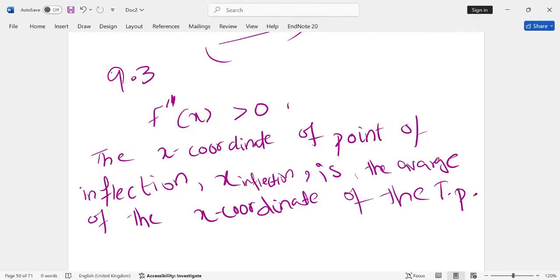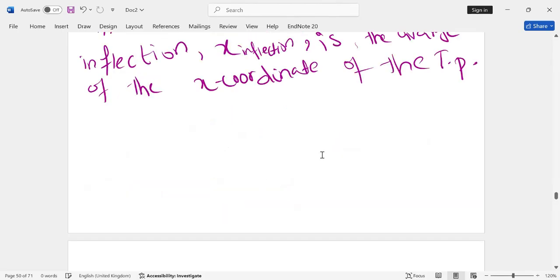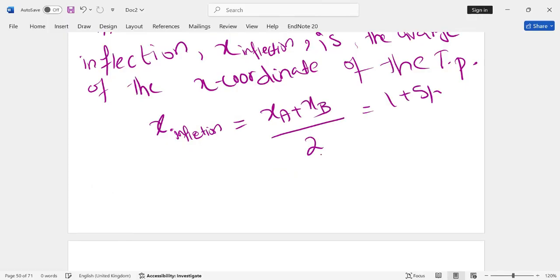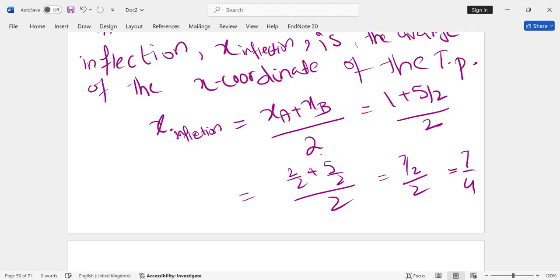So we write x inflection equals (xA plus xB) divided by 2. We have (1 plus 5/2) divided by 2, which you can write as (2/2 plus 5/2) divided by 2, equals (7/2) divided by 2, which is 7/4. So the point of inflection is at x equals 7/4.